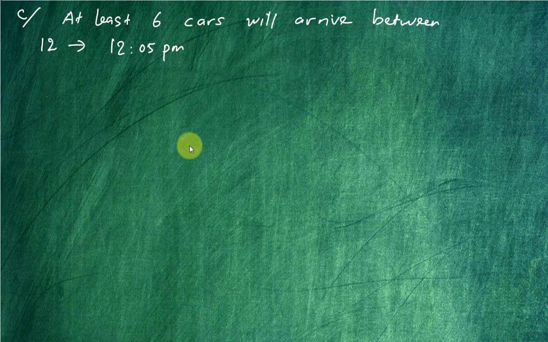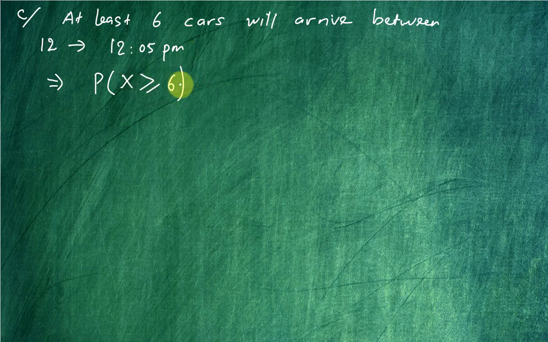Okay, the last part for this question is finding the probability that at least 6 cars will arrive between the time 12 and 12:05 p.m. So now in this one, we are looking for p of at least 6 cars. That means x is bigger than or equal to 6 cars.